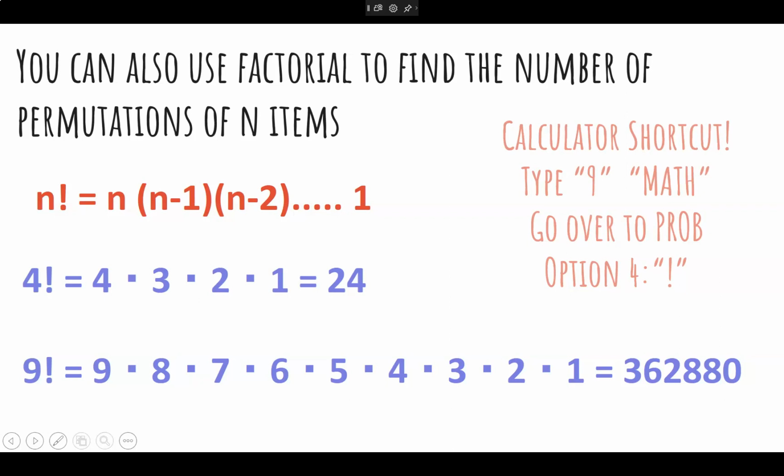It might say PROB; some of your older ones might say just PRB. Then you should see an exclamation point or a factorial symbol as an option. Everyone practice it. Push the 9, find your factorial, and make sure you get 362,880 on your calculators.